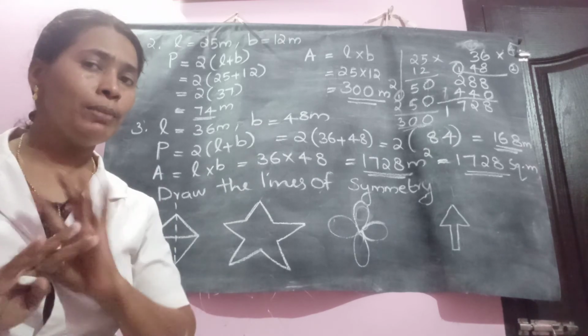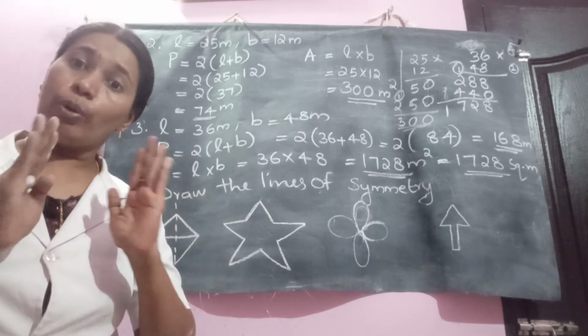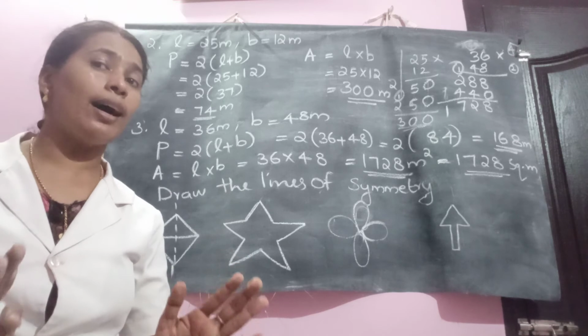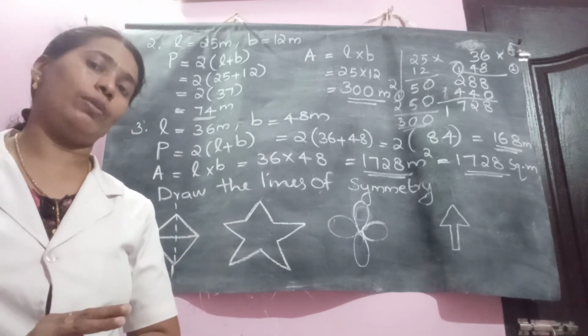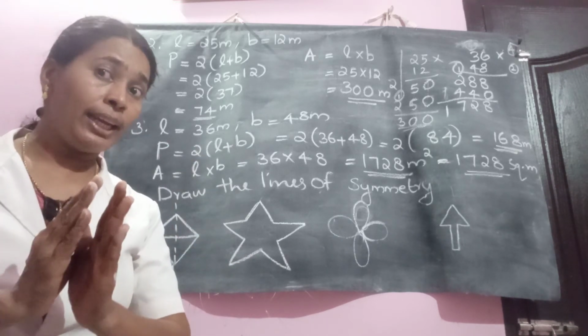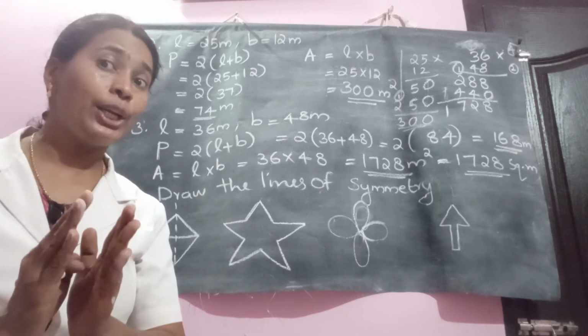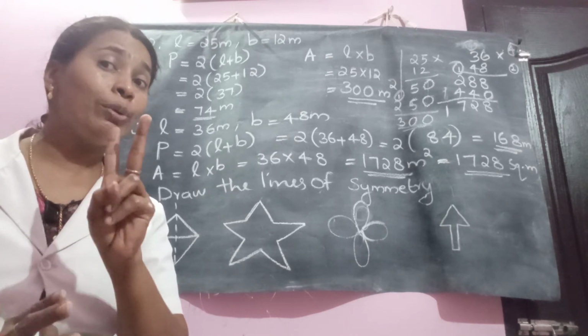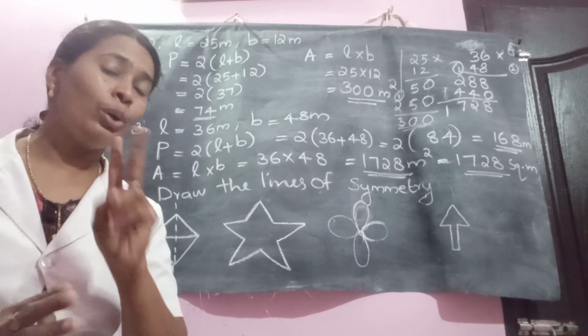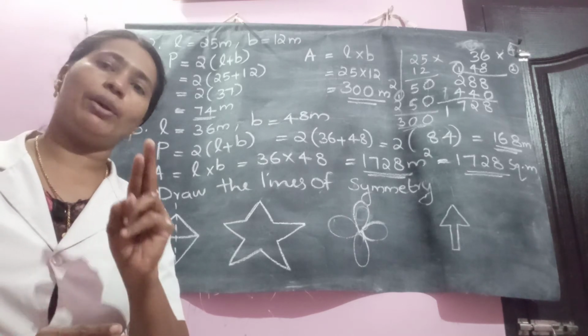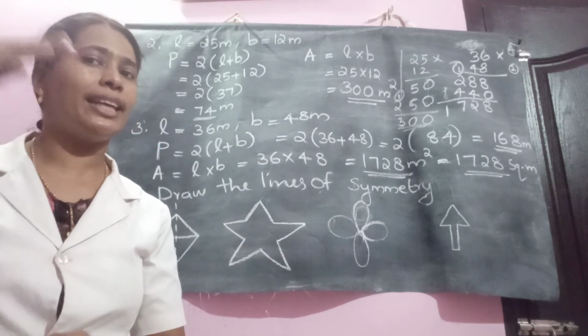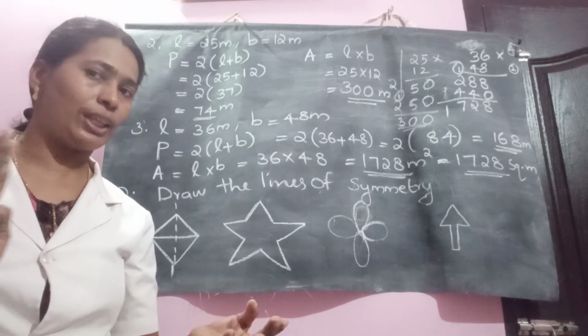Not all lines are lines of symmetry. Only some particular lines are considered to be line of symmetry. Line of symmetry divides the figure into two equal parts, two congruent parts. Congruent we will study later, that's why the teacher is not using the word.